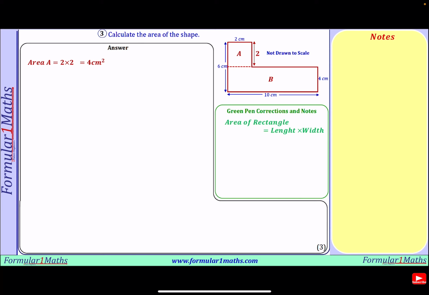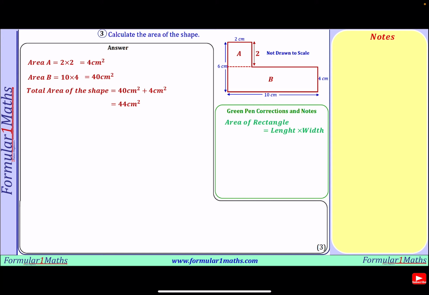Similarly, area B is 10 times 4, which gives us 40. But because we are looking for the area of the whole shape, we need to add them. If I add them, I'm going to get 44 centimeters squared. And that is the area of the whole shape.